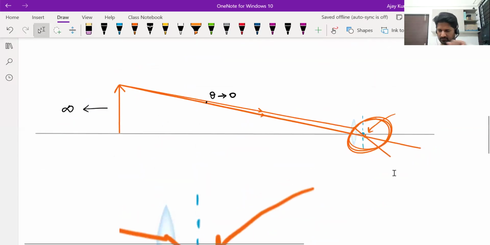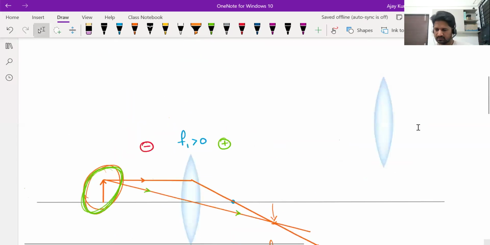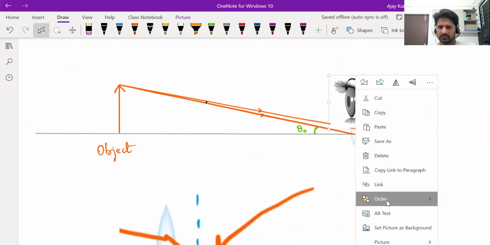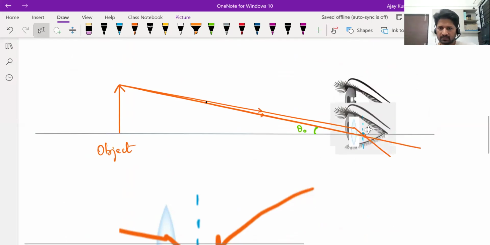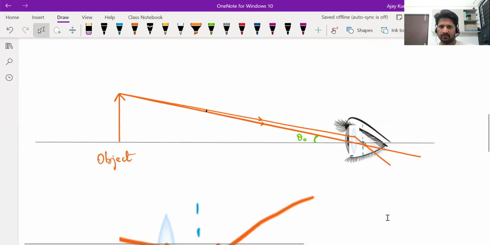Again, this picture is important actually. Visualizing it this way is important. Now see, this is the actual object, right? The upper tip of the actual object is subtending a certain angle on the lens. We'll call this theta naught. In place of the lens, had your eye been here, suppose you are trying to look at it directly, whether it's an aeroplane or a player playing a cricket match or whatever it is, your eye will be at this distance, and that angle theta naught is what the object subtends on your eye.